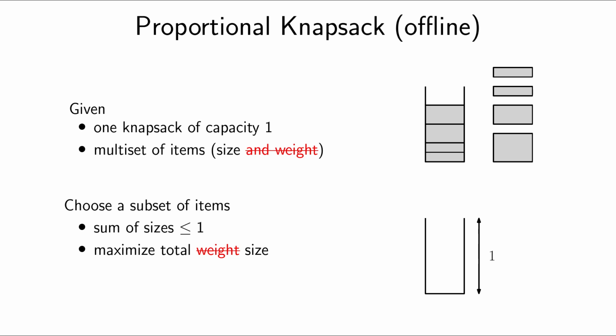The capacity of knapsack is still 1, but now we maximize the total size of accepted items. Don't confuse this problem with fractional knapsack, where we can take fractions of items. This would be trivial, however in the knapsack problem we have a 0-1 decision to take the entire item or not.